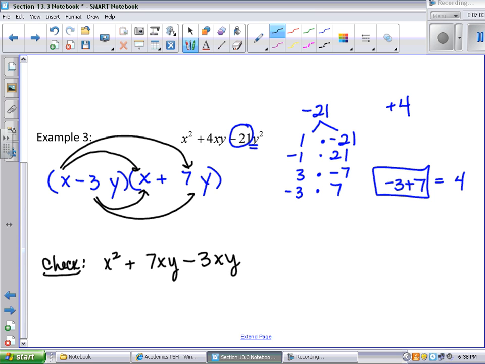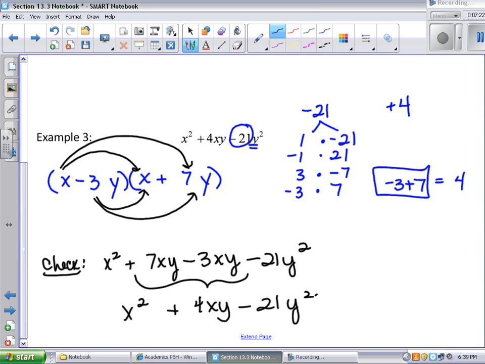And minus 3y times 7y, negative 3 times 7 is negative 21, and y times y is y squared. If I combine my middle terms, I get x squared plus 4xy minus 21y squared.